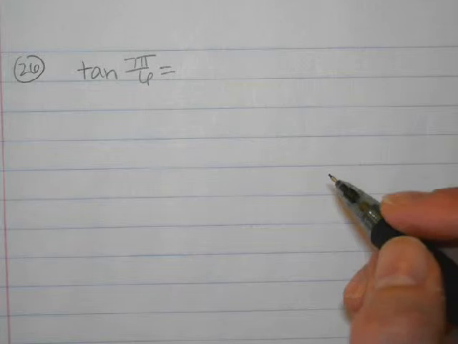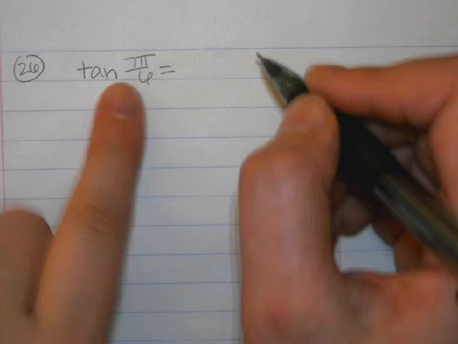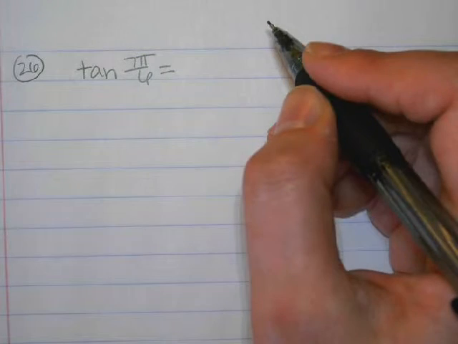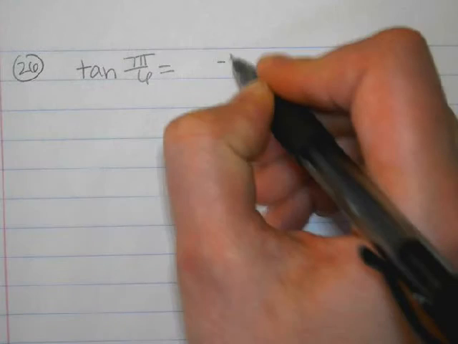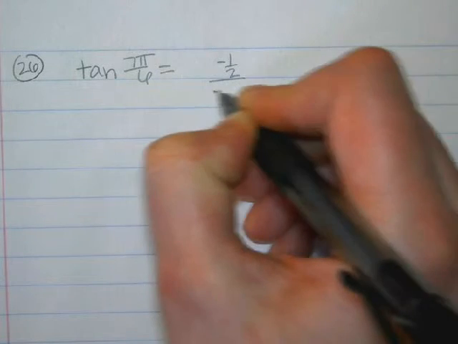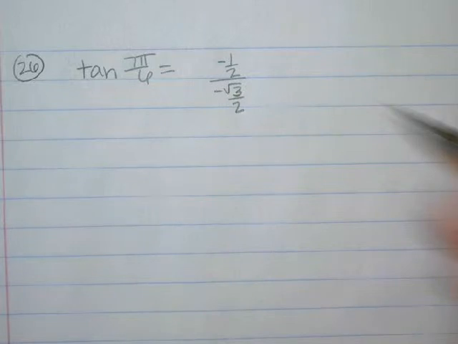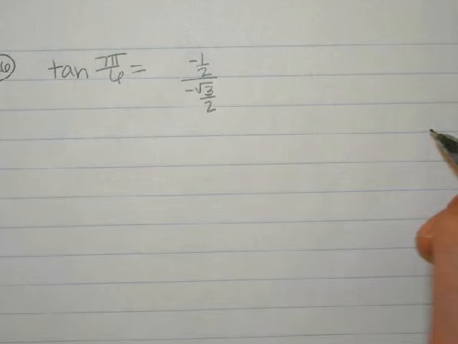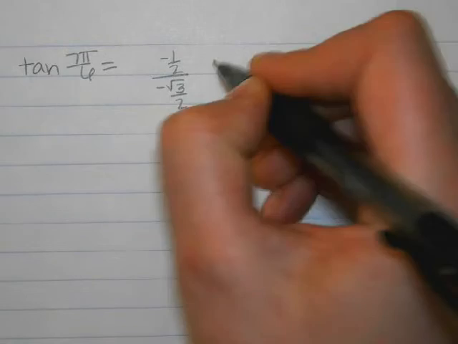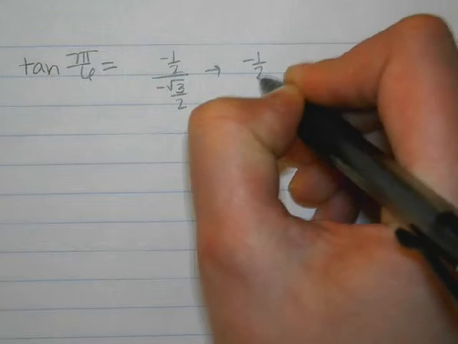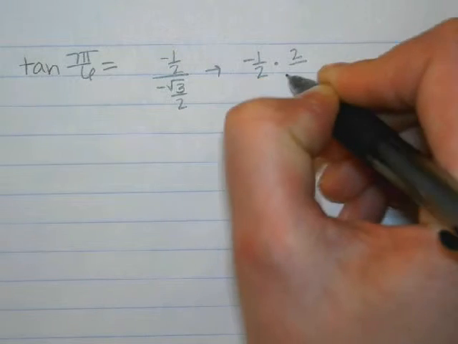All right, so for this one, if we did y divided by x, we would have negative 1/2 divided by negative root 3 over 2. And what would we do? Keep, change, flip. And what happens?